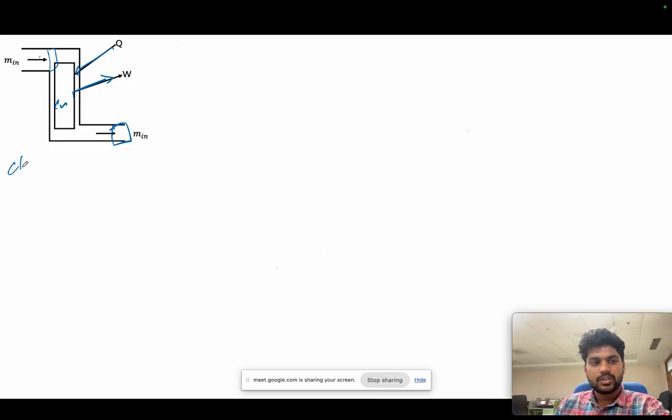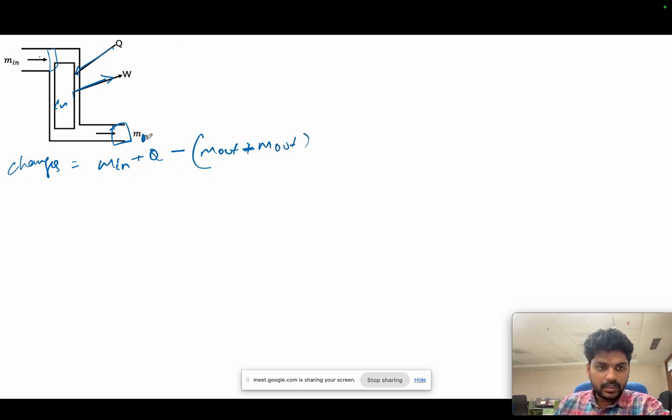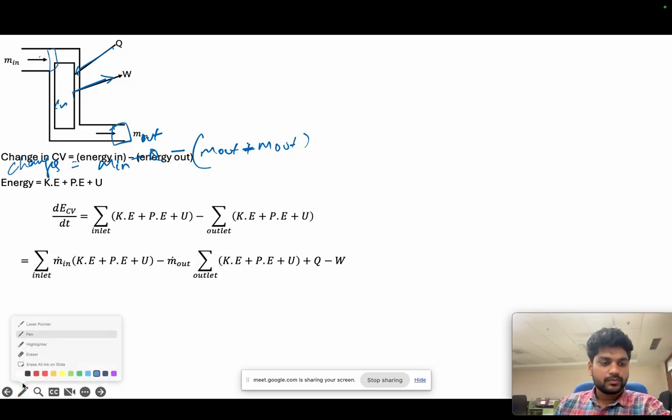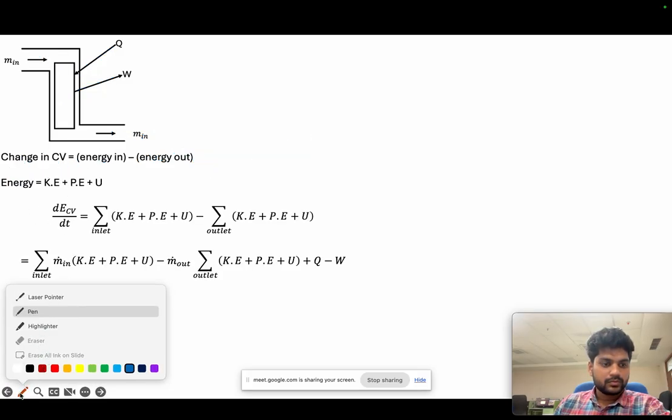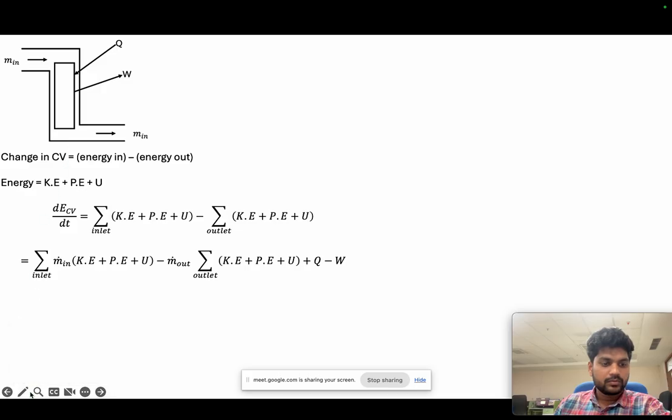The change in the control volume will be m in plus q minus m out plus w. Please note this is out, not in. There is a mistake.